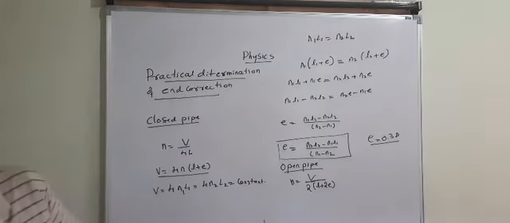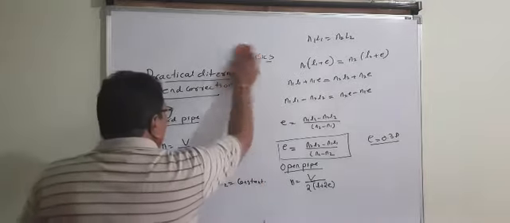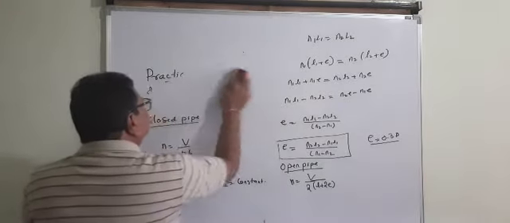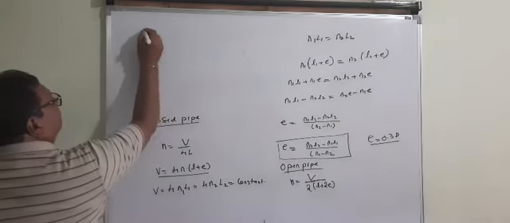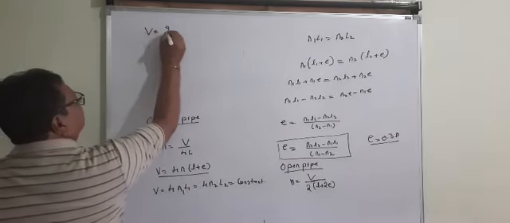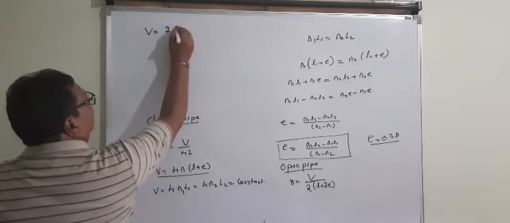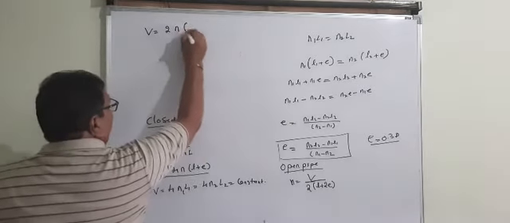Or we can write the velocity of sound V is equal to 2N times L plus 2E.